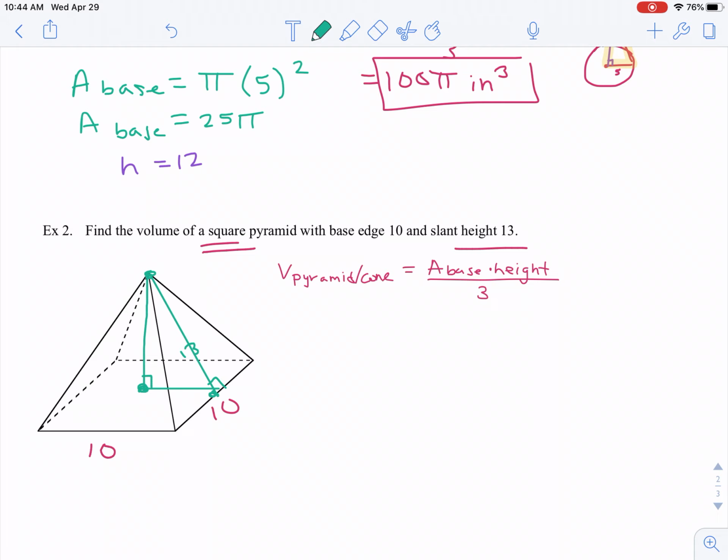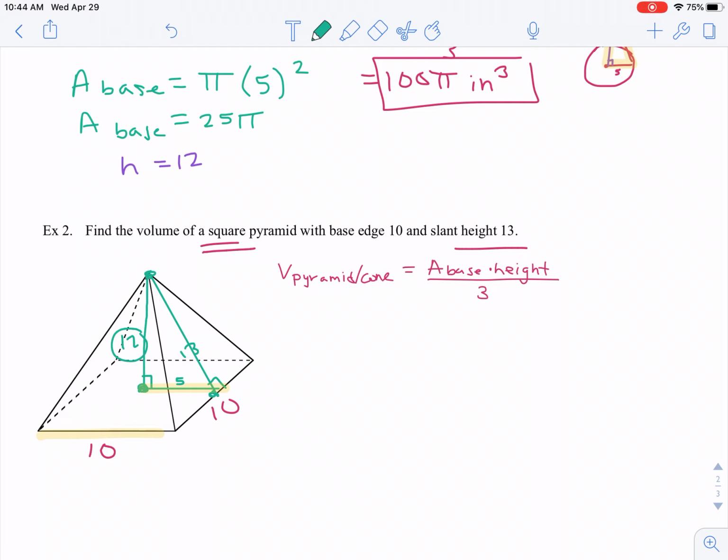Now one thing I notice here is I have to figure out what is this distance right here. Well, if it's going from the center directly to the edge of the base, if it's directly in the center, then that's half of this distance, 10. So it's 5. Oh, look at that. We have another 5, 12, 13 triangle.